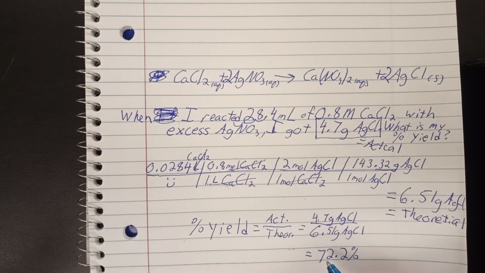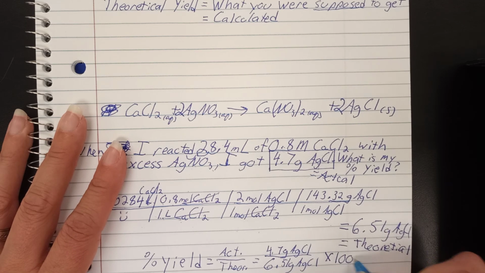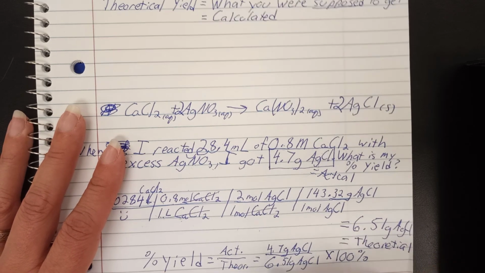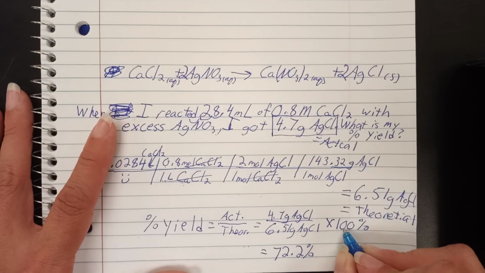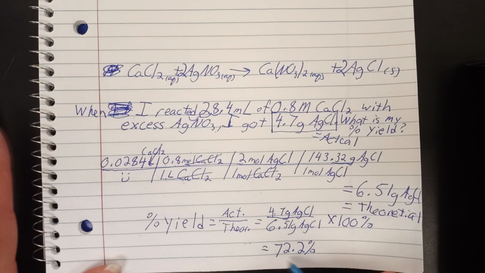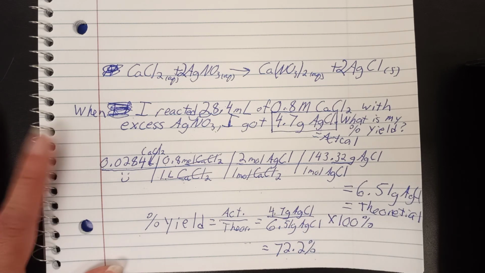You're going to get 0.722, because just like any other percentage, there's an implied times 100% here. And if you need to write that in, that's fine. I don't generally do it. I generally remember that I'm going to end up with a decimal, and then I can multiply that to get my percentage.